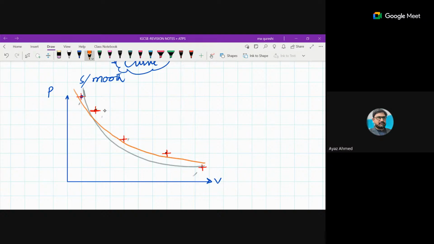So let's draw a green one. Maybe the green one would be the line of best fit. So here, if you are starting from point number one, you can go on and so on. Is it the line of best fit? यानी curve of best fit? Just see it.